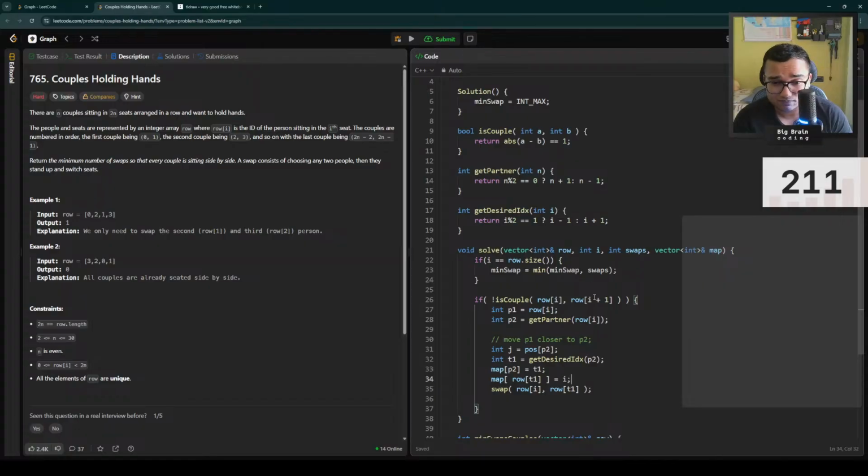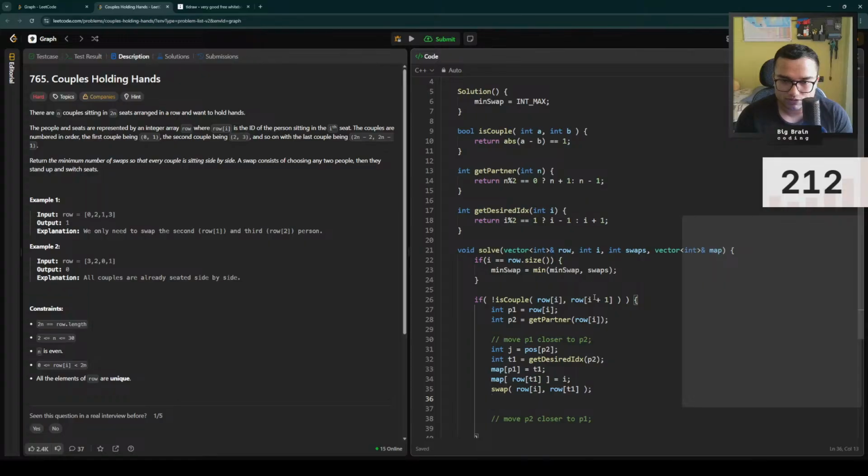Now what am I doing? Map of P1 becomes T1, and map of row of T1, whatever that value is, should be I. Row of I and row of T1. Yes. Move P2 closer to P1.